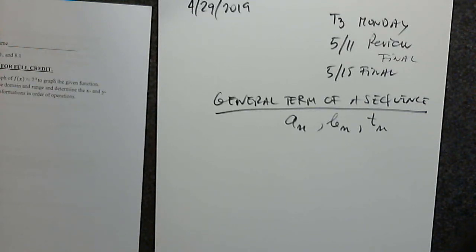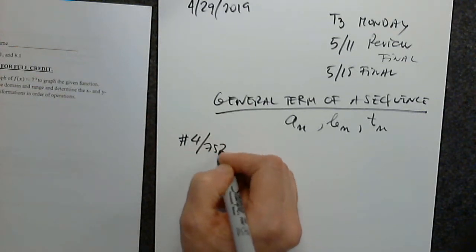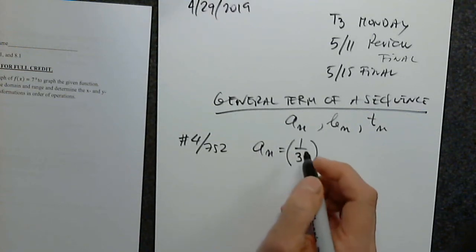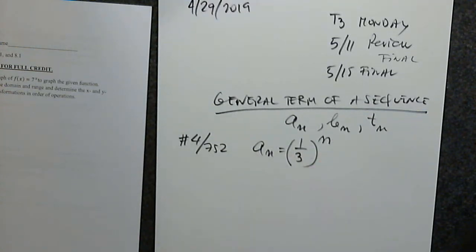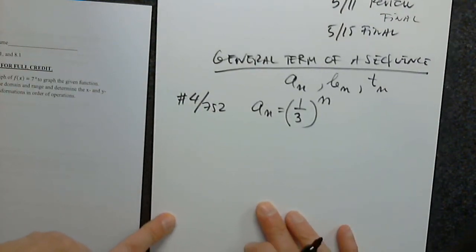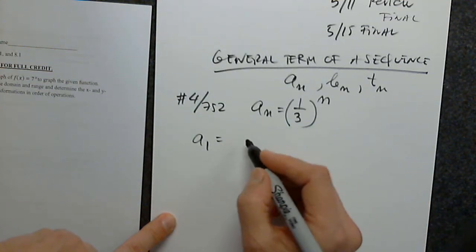So let's look at problem 4. On page 752, we are given the general term of the sequence as being (1/3) raised to power n. And they're asking us to find the first 4 terms of the sequence. So when n is 1, I would get 1/3.